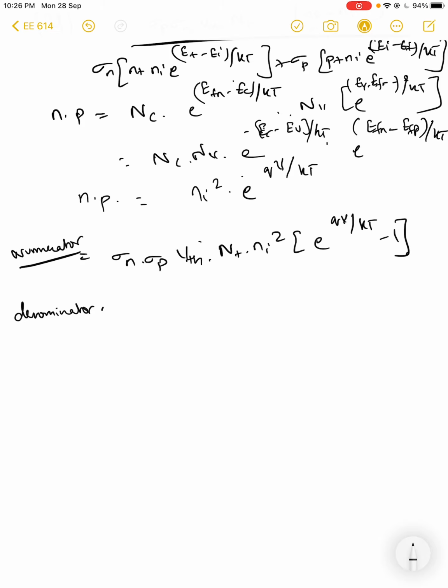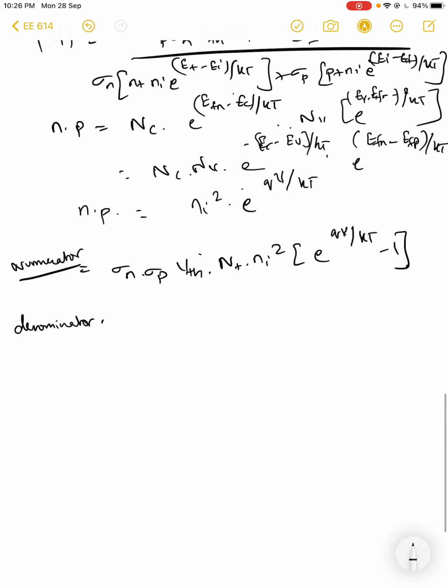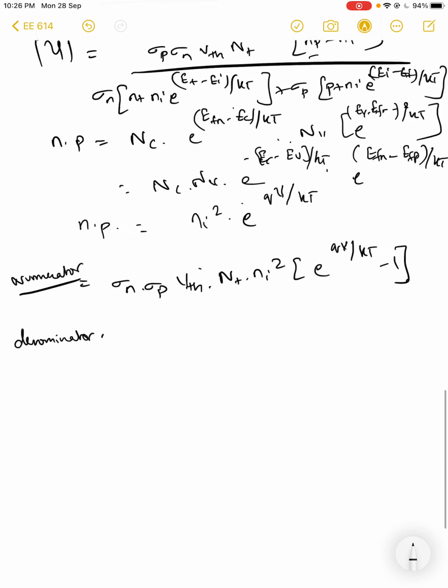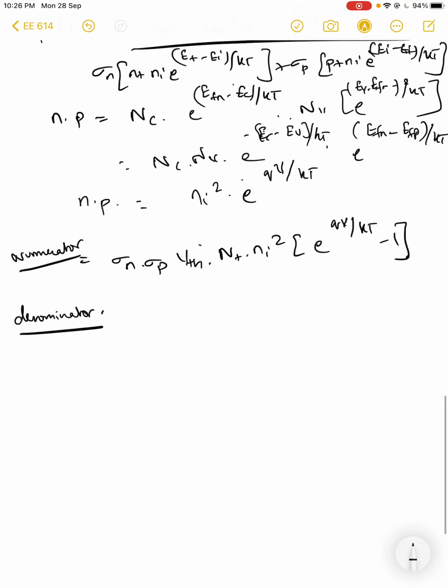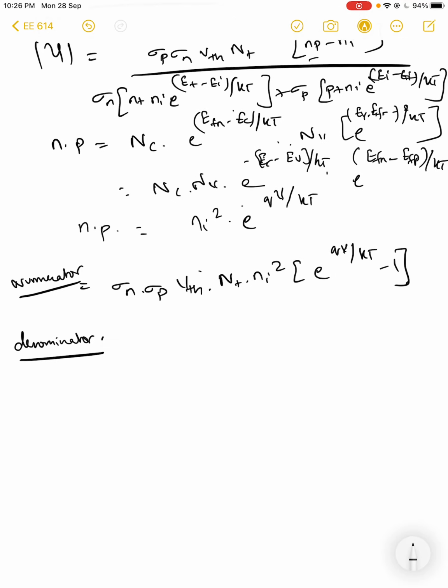So here we have to write n how we wrote before, right? n is ni e power (Ef minus Ei) by kBT, right? Let me write this. The denominator, so let's do this. The most dominant recombination happens when Et is close to Ei, right?